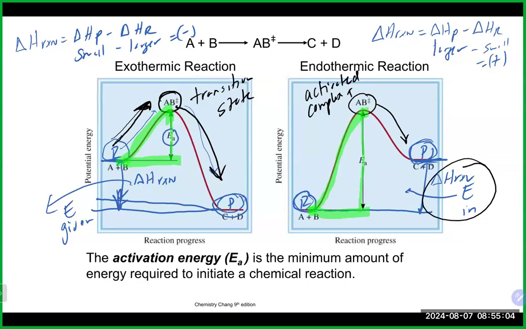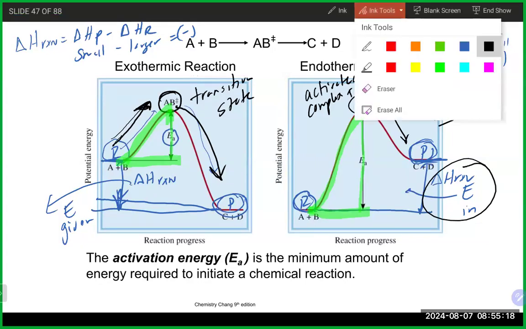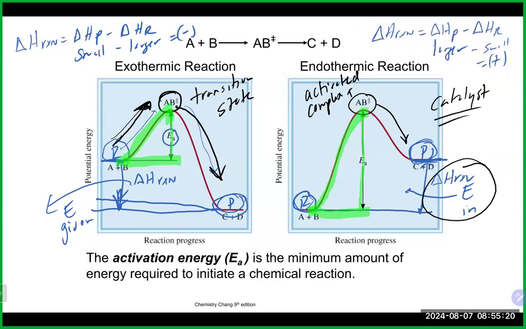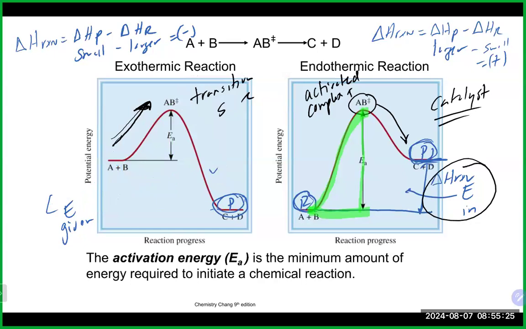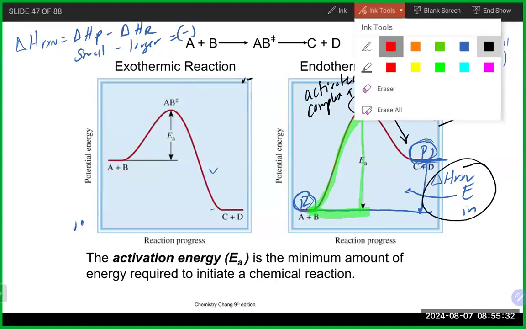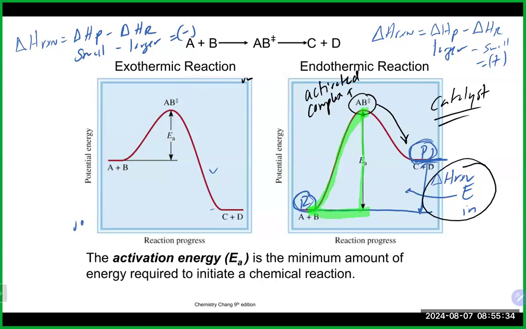By the way, before we move off, one way that you could also speed up the reaction is by using a catalyst. A catalyst is something that facilitates the reaction happening a lot more efficiently. By finding an alternative pathway for the reaction to take place, it is able to lower the activation energy.